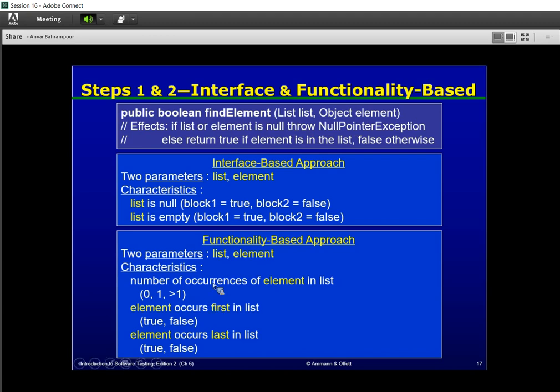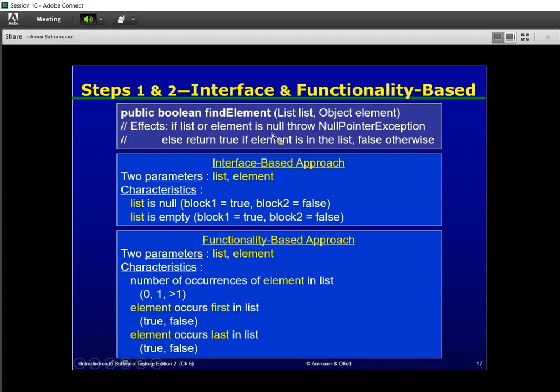As we know this functionality, our view is different from the previous approach. In the previous approach, we have no knowledge about this method. We could not use these descriptions of the method.